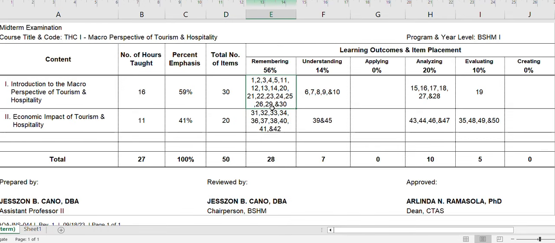And if we will count also here vertically in the remembering area, we have a total of 28. Also here, we have a total of 7, analyzing 10, and evaluating 5. 1, 2, 3, 4, 5. So we have total number here 5.